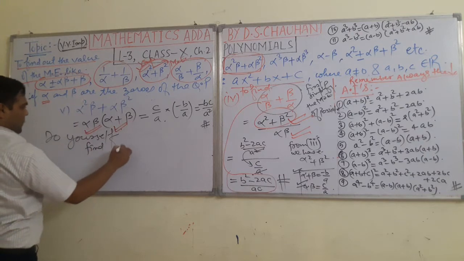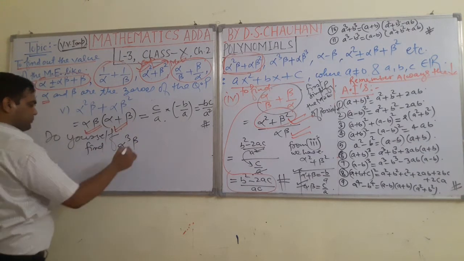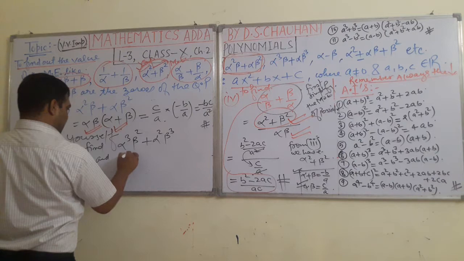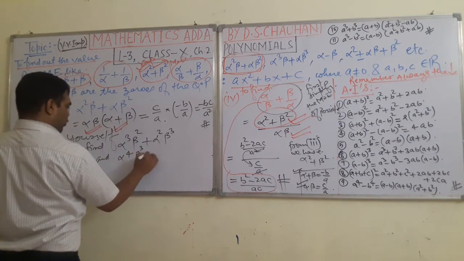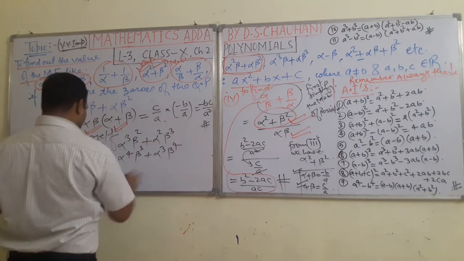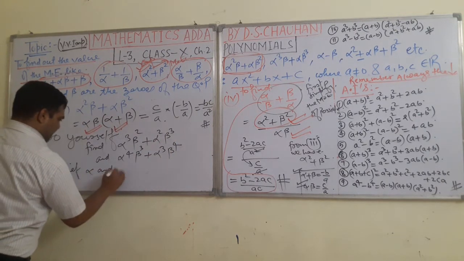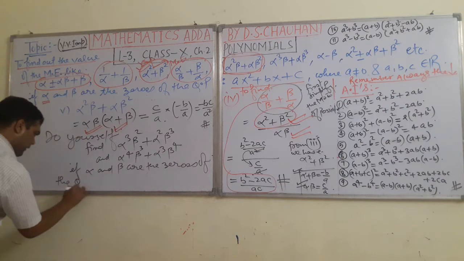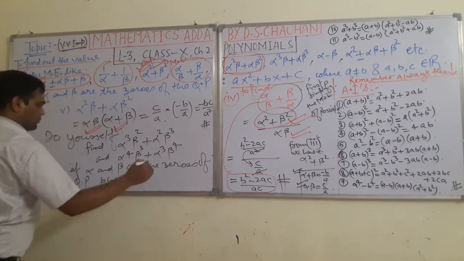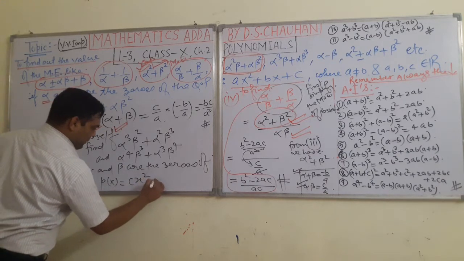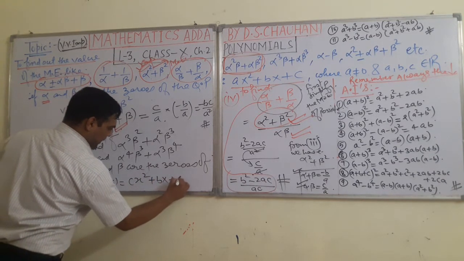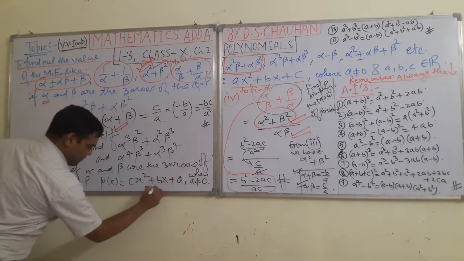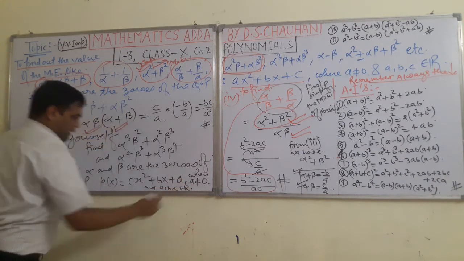Find alpha cube beta square plus alpha square beta cube and alpha raised to 4 beta cube plus alpha cube beta raised to 4, if alpha and beta are the zeros of the quadratic polynomial p(x) equal to cx square plus bx plus a, where a is not equal to 0 and a, b, c belong to the field of real numbers.